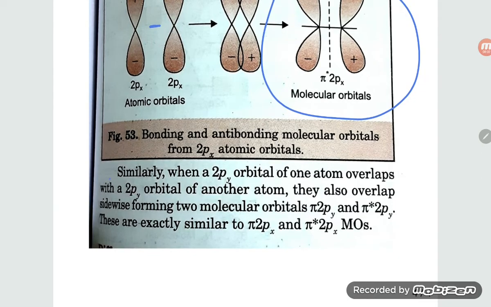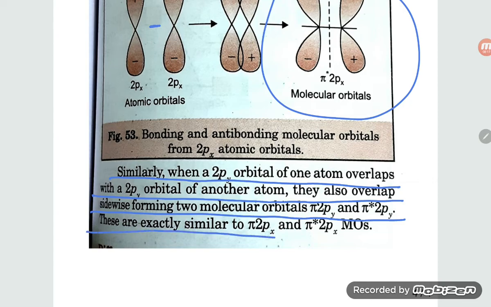Similarly, the 2py orbitals of one atom overlap with the 2py of the other atom. They also overlap sidewise, forming two molecular orbitals, pi 2py and pi star 2py. These are exactly similar to pi 2px and pi star 2px molecular orbitals.